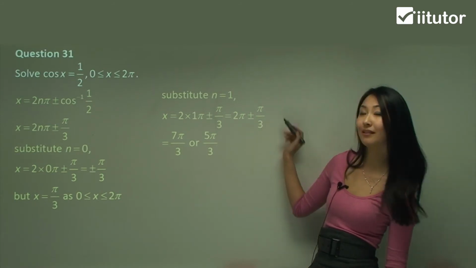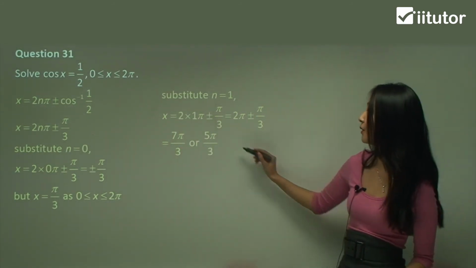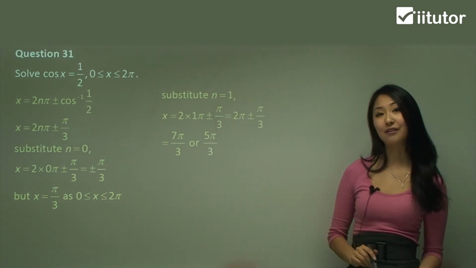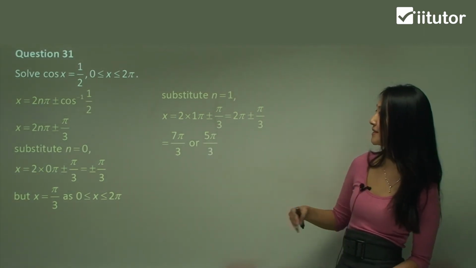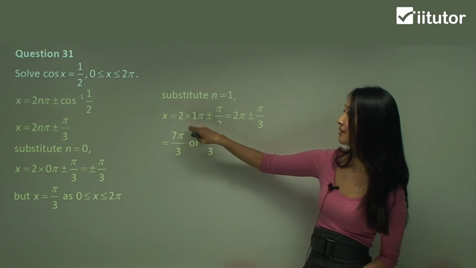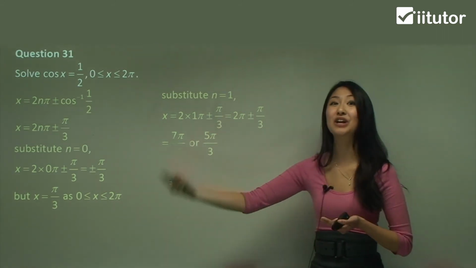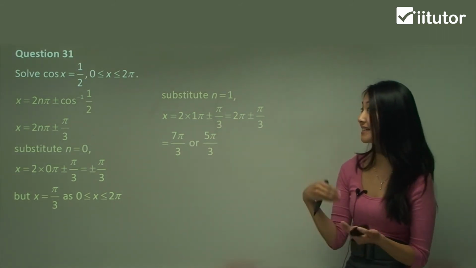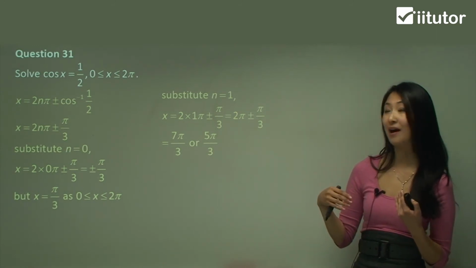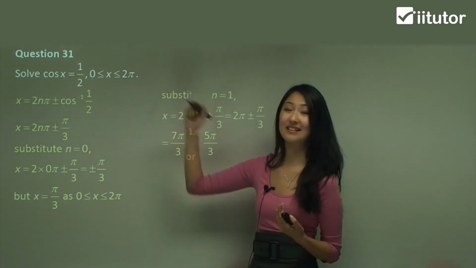Now the 2 pi plus anything will be too great for this domain, so therefore it can only be 5 pi on 3. When we substitute in n equals 2, we get 2 times 2 pi, which is 4 pi. You can see that's already going too large. Whereas negative 1 gives you negative 2 pi, which even plus pi on 3 doesn't make it greater than 0.